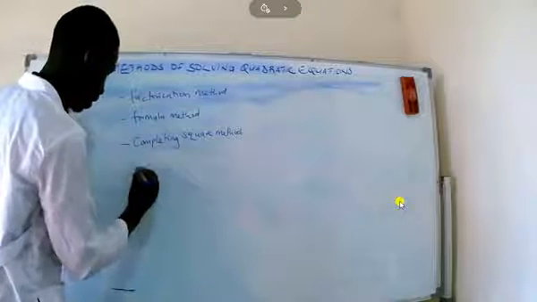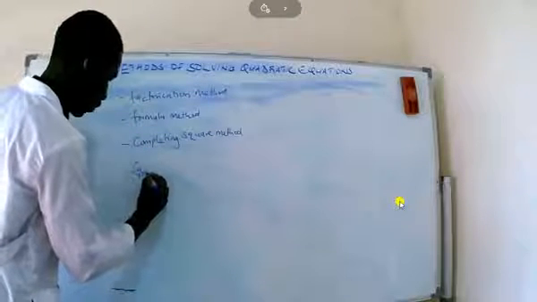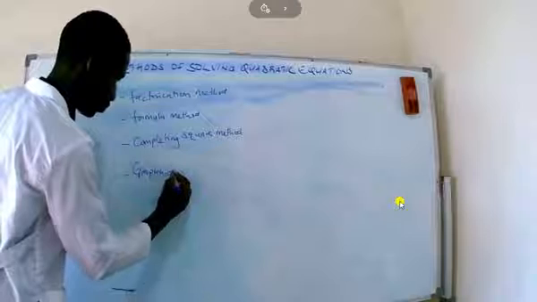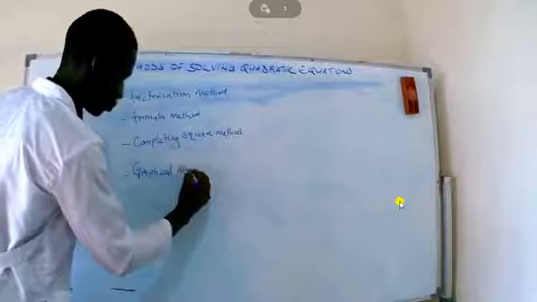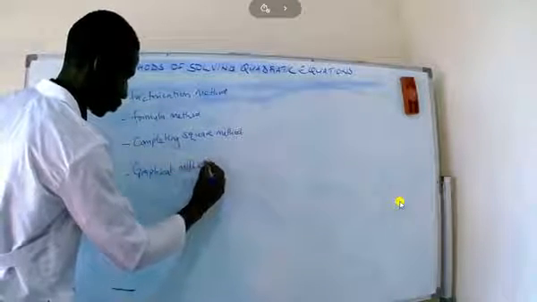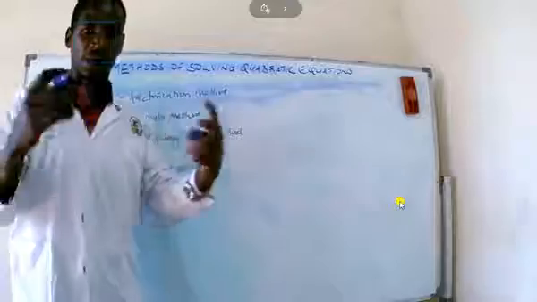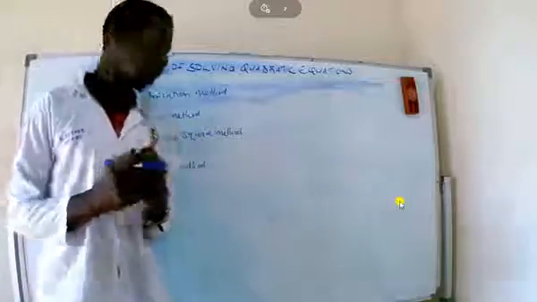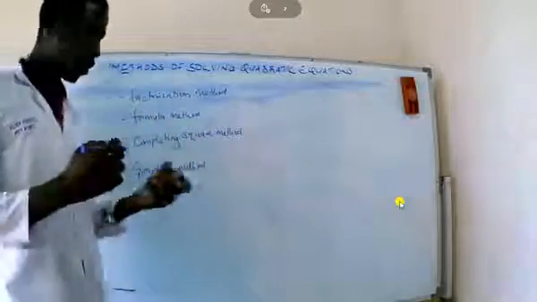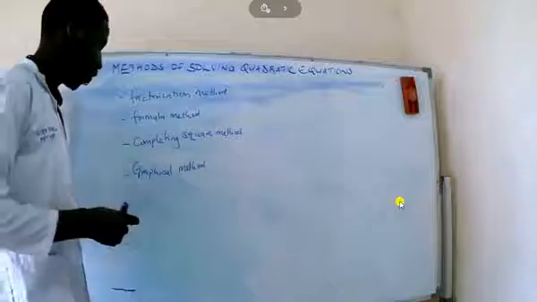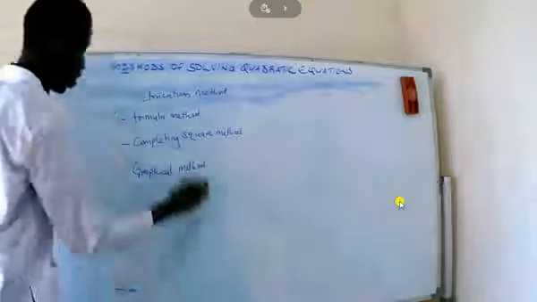And lastly, it is the graphical method. So these are basically 4 methods for solving quadratic equations. We are going to start with the first one, that is the factorization method.